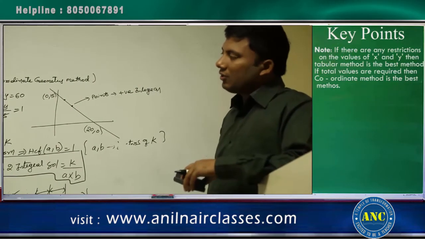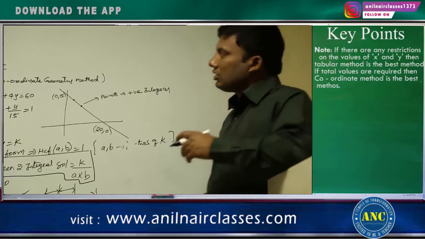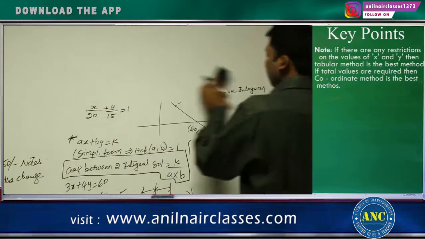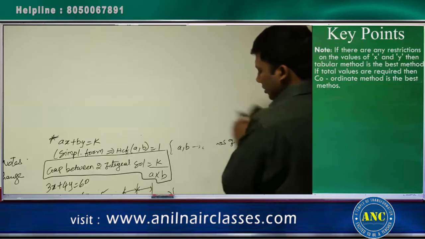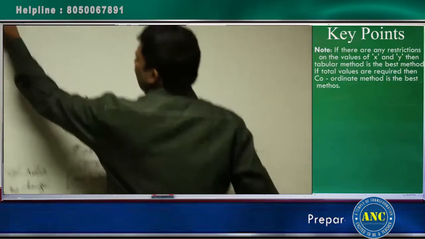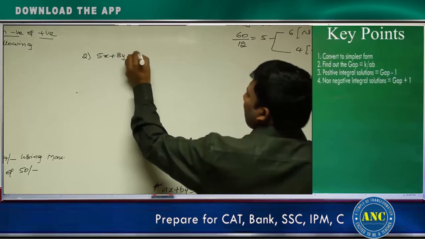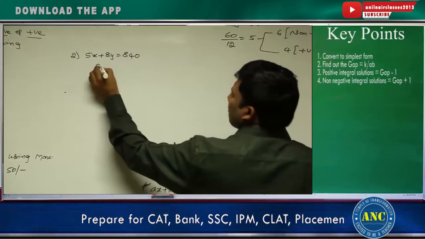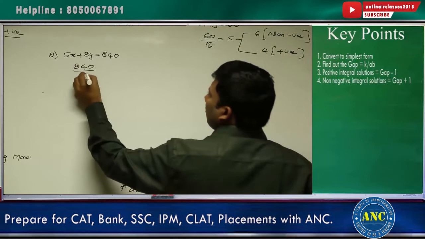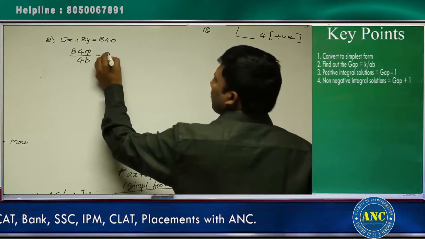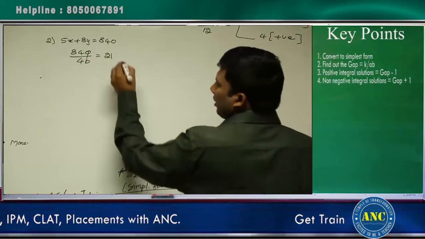Now, try to solve the second one orally. What is the second question? 5x plus 8y equivalent to 840. So this will be 840 by 40. So this will be 21. 21 gaps are there.